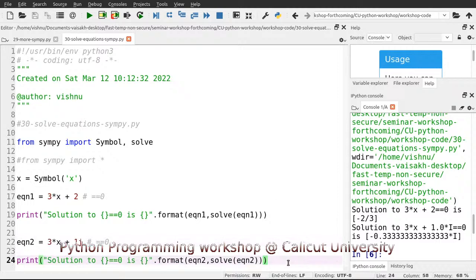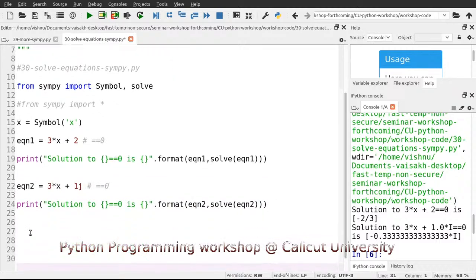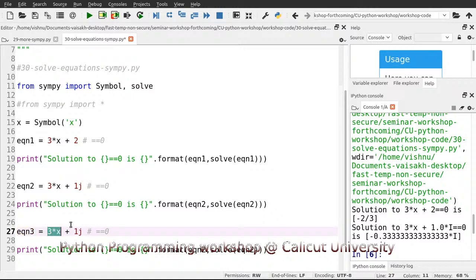Now let us take one more equation. Can it solve the sine function? So sine x equal to 0, will it solve?